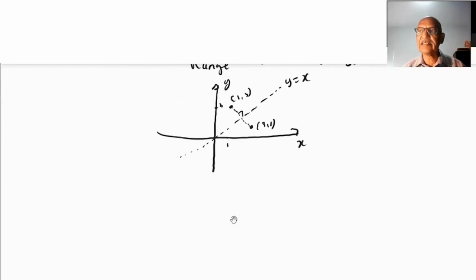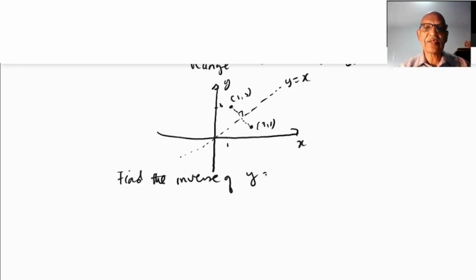Okay, so let's see an equation. Find the inverse of y equal to 2x minus 3, and the graph, both relations.